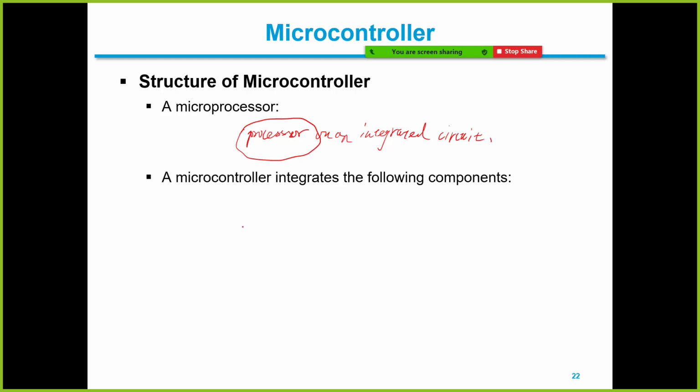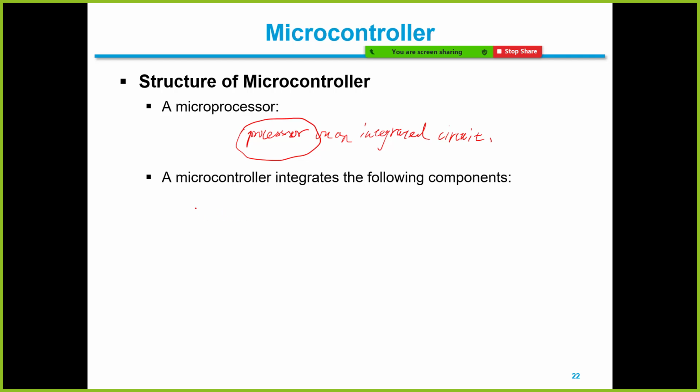Okay, I cannot hear clearly. But for the microcontroller, from the name you can tell a little bit, it's not a processor anymore, it's a controller. So actually it contains more components.